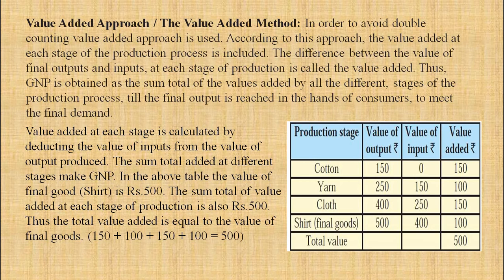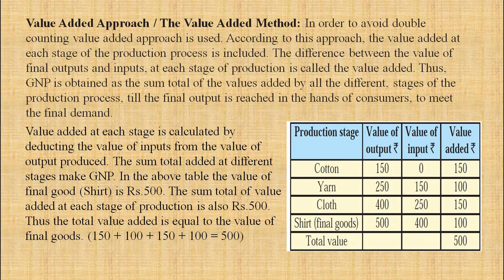Value added approach or value added method. In order to avoid double counting, value added approach is used. According to this approach, the value added at each stage of production process is included. The difference between the value of final output and inputs at each stage of production is called value added.